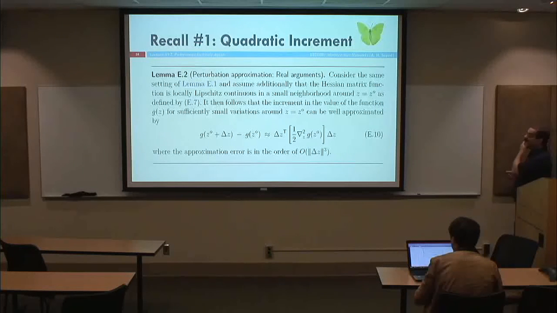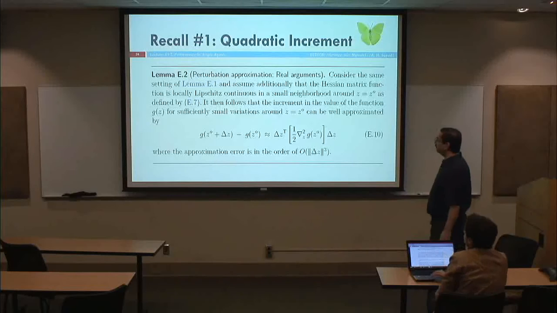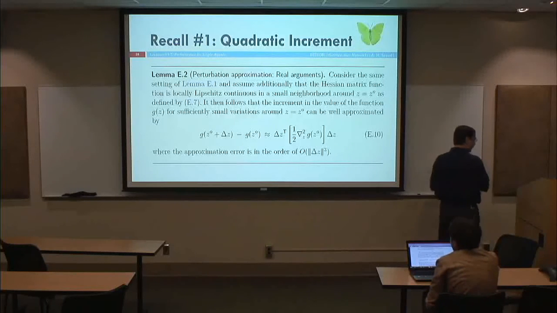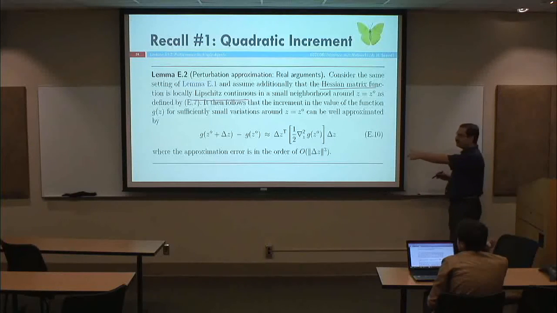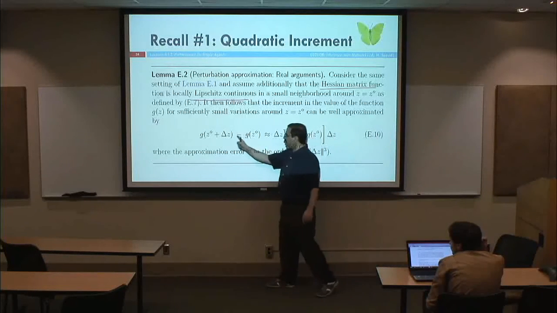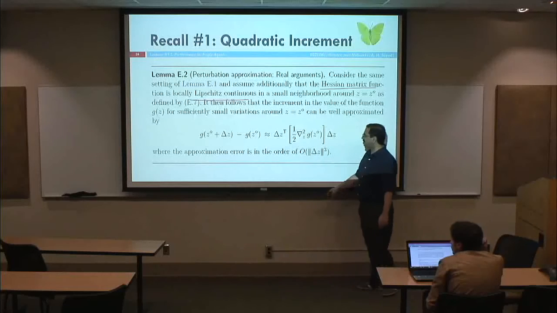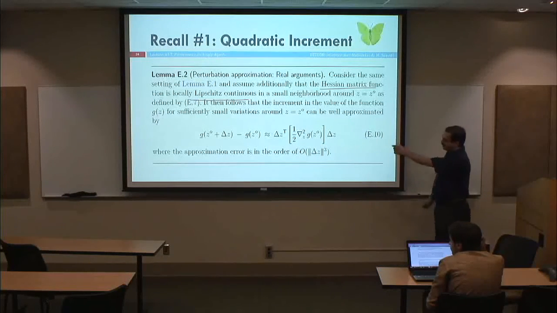Now, remember from a few lectures back when we talked about Lipschitz conditions, I explained that if you have a convex function g, and if the Hessian matrix of that cost function is Lipschitz, and I introduced earlier the Lipschitz conditions on the cost function J, then the increment in the cost can be approximated by a second order quadratic expression.